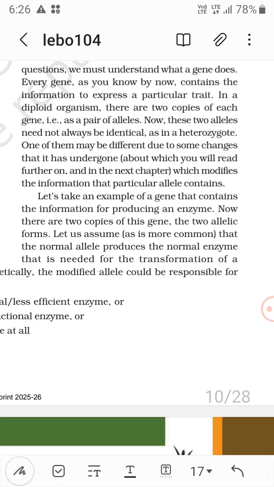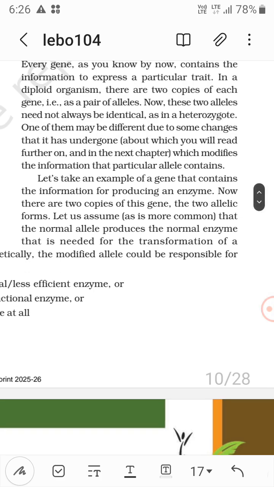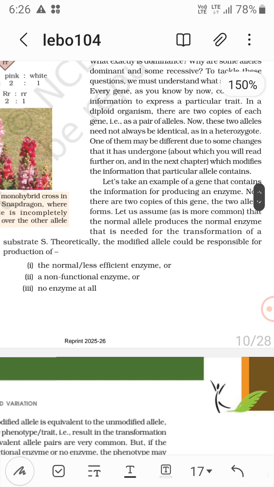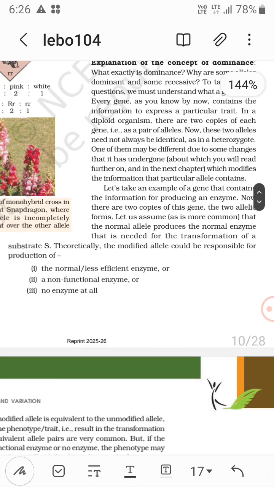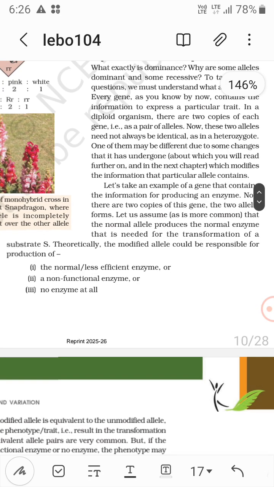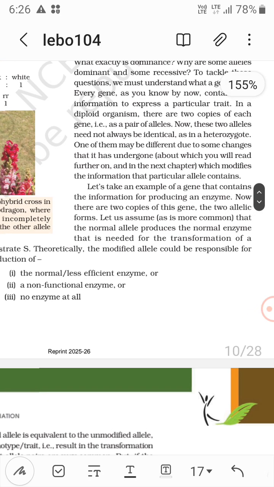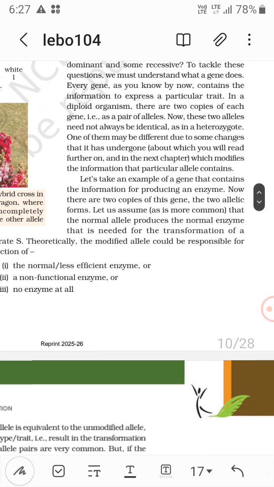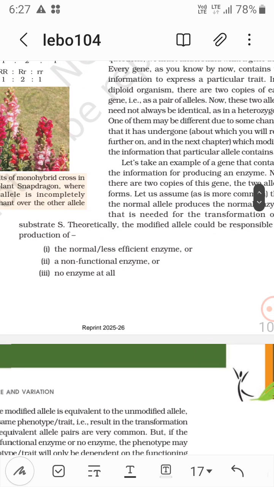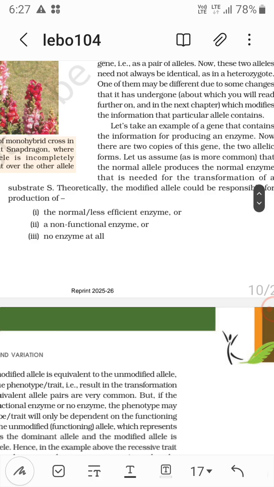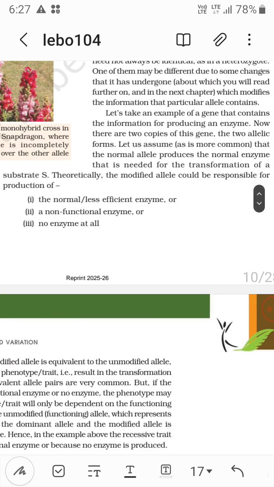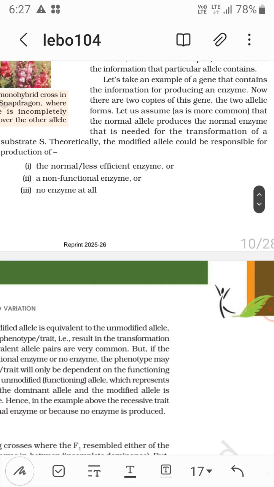Let us assume, as is more common, that the normal allele produces the normal enzyme that is needed for the transformation of substrate S. If the allele is modified, it could be responsible for the production of a normal or less efficient enzyme, or a non-functional enzyme, or no enzyme at all.